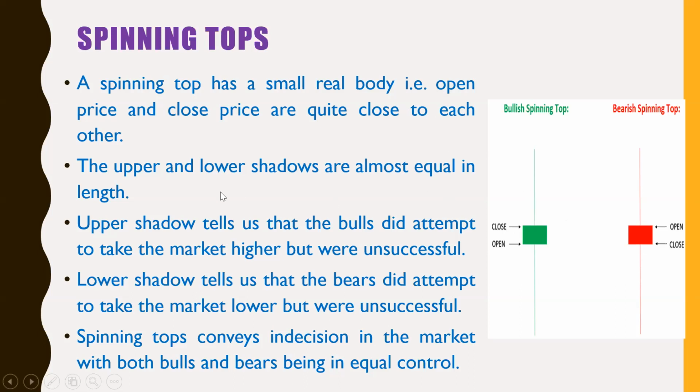The upper and lower shadows are almost equal in length. So in a candlestick pattern, if you see a small body and wicks that are 2 or 3 times longer, ideally the upper shadow and lower shadow lengths will be almost the same.